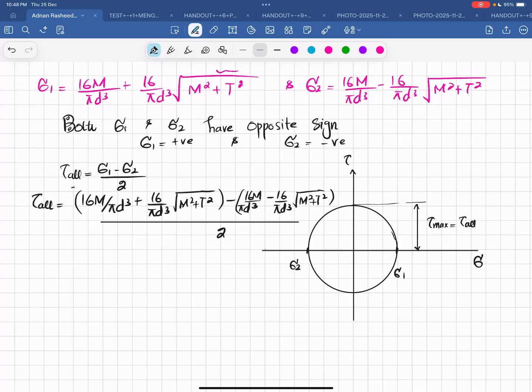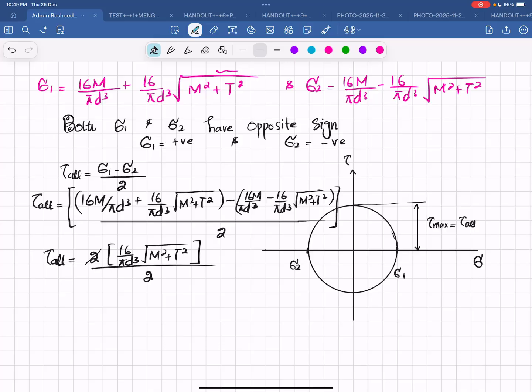Okay, so this will be like this. Now you can see when this minus multiplies with this, it will be minus and it will be plus. So this minus will cancel with this and we will have this value as plus. So I can write that the allowable shear stress will be equal to 2 times 16 over pi d cube into the root of m square plus t square, divided by 2.